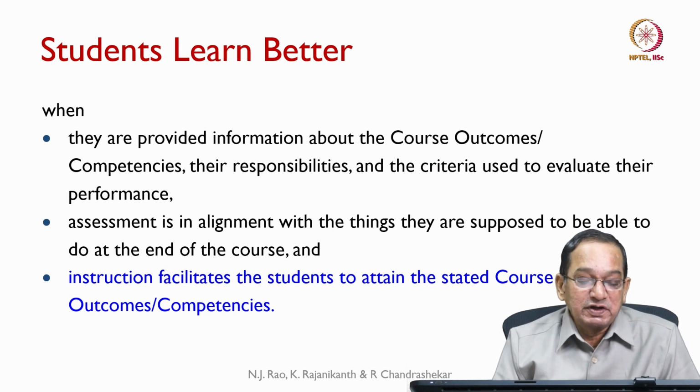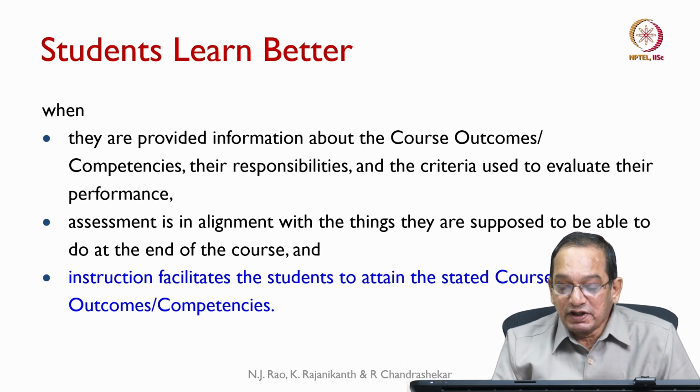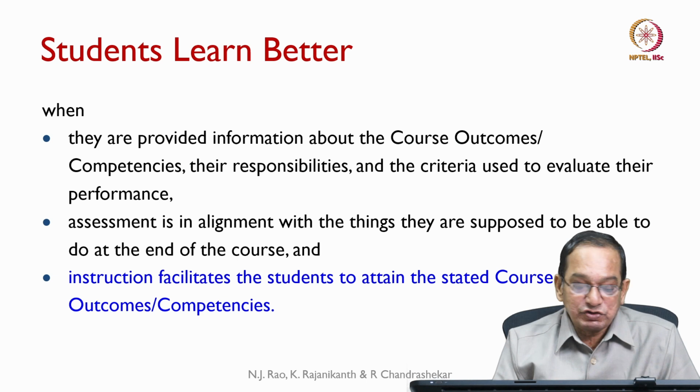Then, assessment is in alignment with the things they are supposed to be able to do at the end of the course. That means assessment is in alignment with the outcomes. And the third important aspect, instruction facilitates the students to attain the stated course outcomes or competencies. Thus, all these three are important.